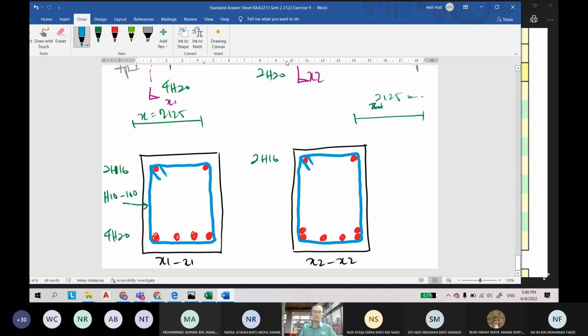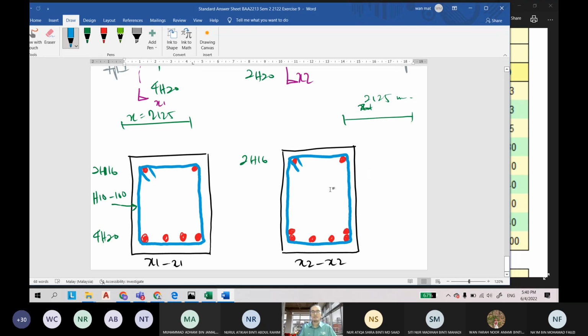If the steel bar does not tally with the drawing, you may ask the contractor to repair the reinforcement before the concreting job. So this is 2H16, the link here is H10 350, and here is 2H20 plus 4H20.